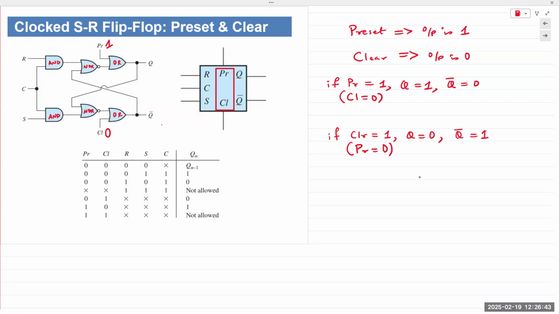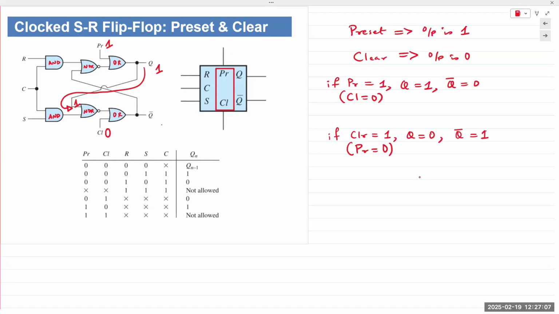So let's start with the OR gate at the top. Output would be 1 because the input preset to the OR gate is 1. That is fed back into this NOR gate. This goes to 1.